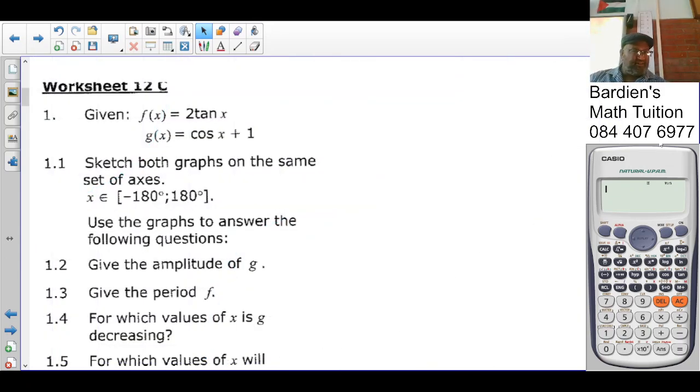I just deleted the graph now. Let me see if it's still in the bin. Restore. That is that one graph we just looked at. So I must remove the graph.